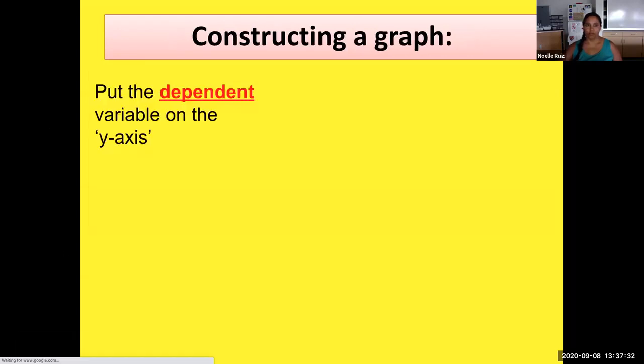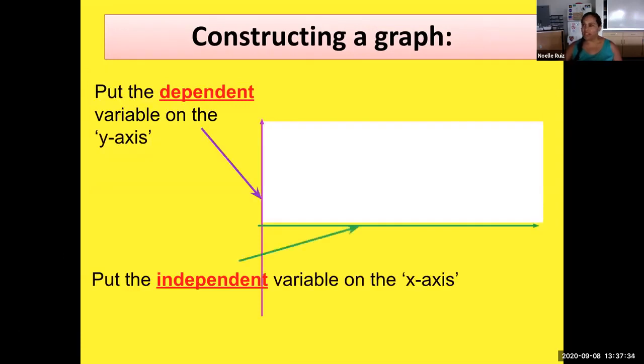All right, and then this is why we learned about variables before we learned about graphs, because you have to know the difference between the dependent and independent variable to know where to put it on a graph. So the dependent variable always goes on the y-axis.